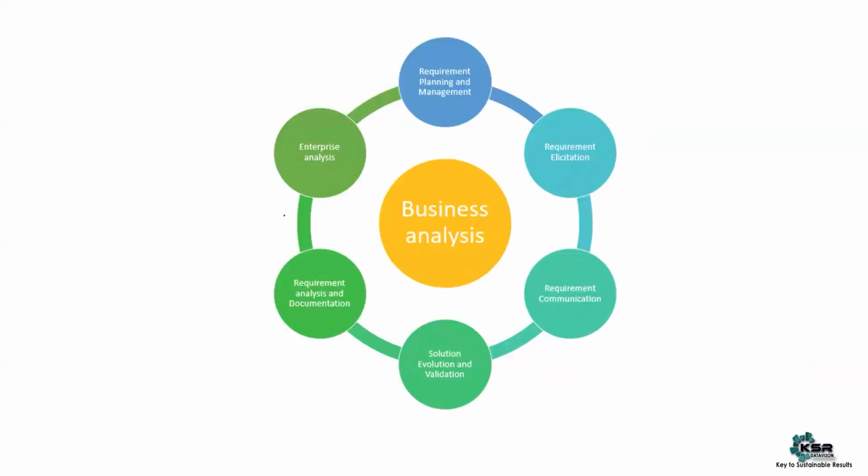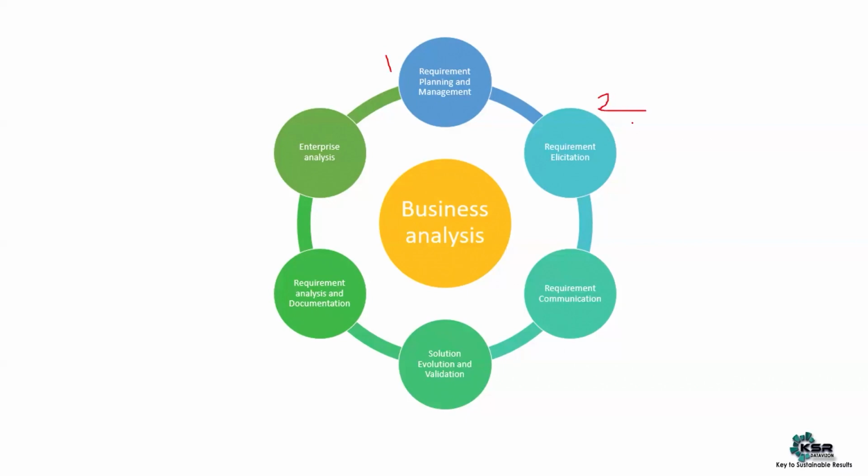Now, what do you mean by business analysis or business intelligence? Business analysis or business intelligence comprises all this information. So we would be learning all this information. Maybe we have to start with the first step, which is requirement planning and management.